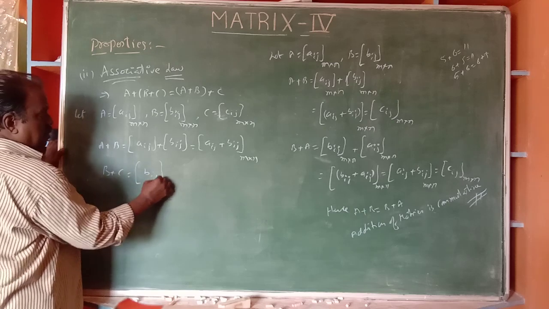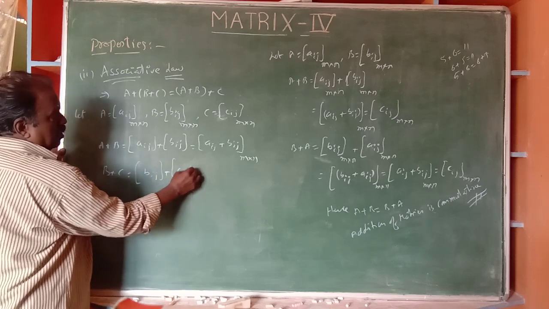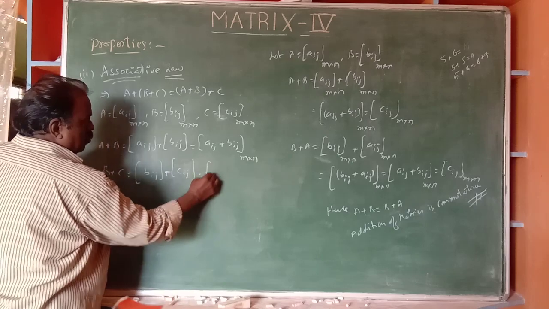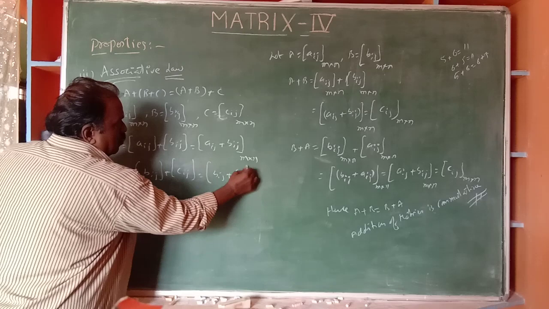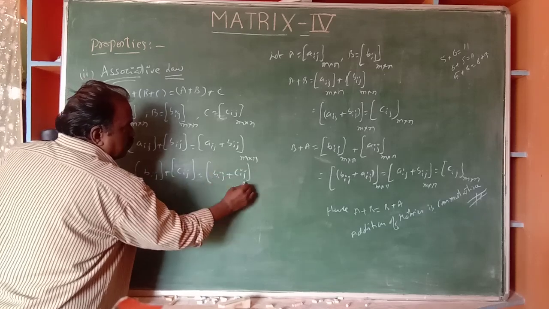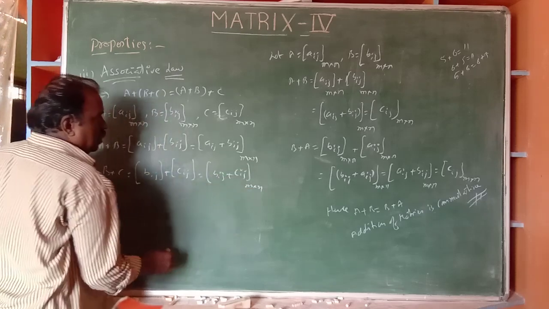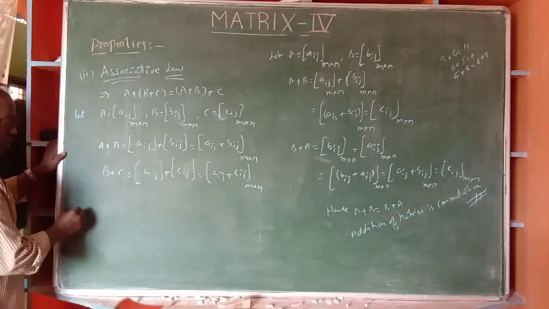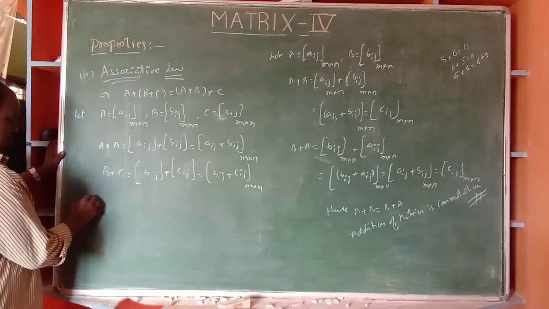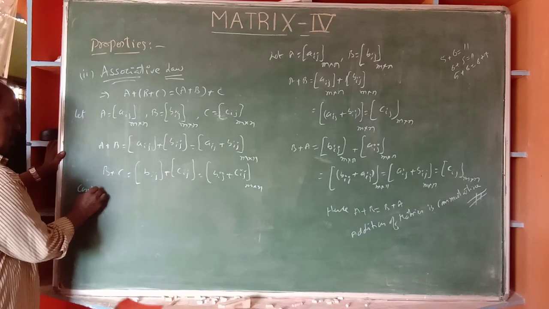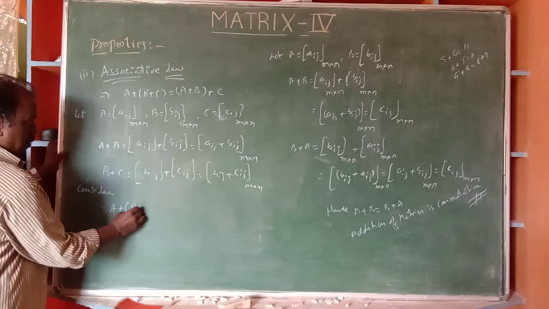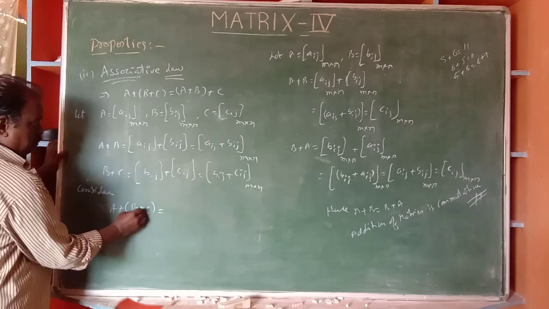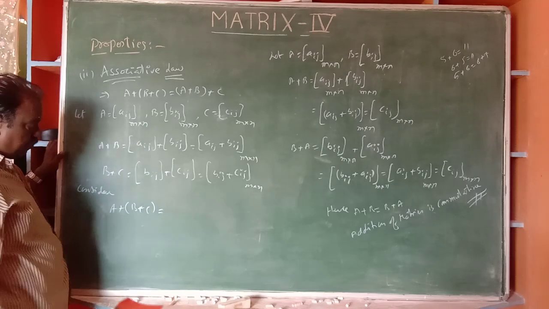It is Bij plus Cij, M by N. Now you see, consider A plus B plus C, first one, LHS.